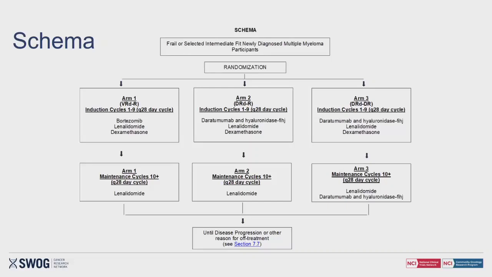And then one of the twists here, and this gets into some nuances that I'm not going to go into in too much detail, is the maintenance question, which is being asked in many settings: what is the optimal maintenance, transplant eligible or transplant ineligible. If you look, the only difference between arm 2 and arm 3 is R maintenance versus DARA R maintenance. So DR versus R. Next slide.